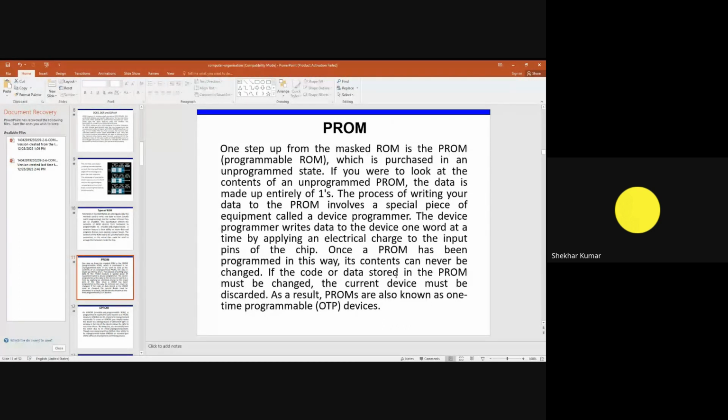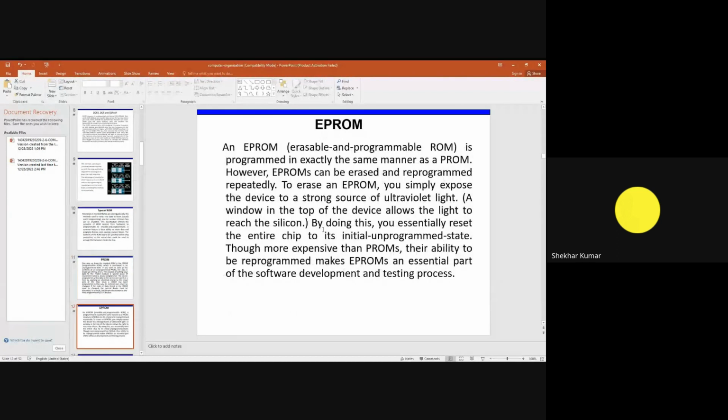The next is your EPROM, erasable and programmable ROM. It works in the same manner as PROM works.